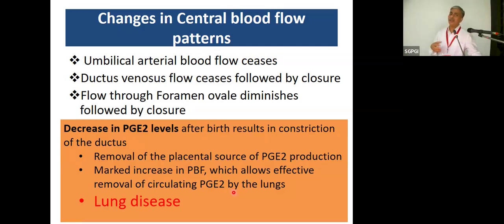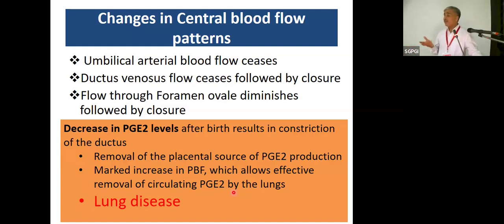What happens in the transitional part when the cord is cut? Now you have decreased the production factory, so the PGE2 level will go down. And the second part, the PGE2 has to get metabolized, and the enzyme is in the lung, correct? So the lung flow has also increased. The production has come down and the metabolization has reached its peak. So the PGE2 level will decrease and this will cause ductal closure.